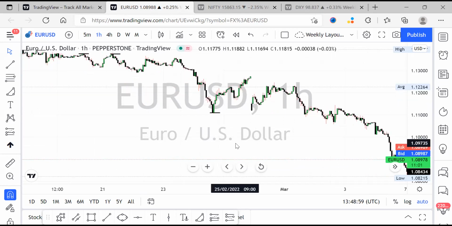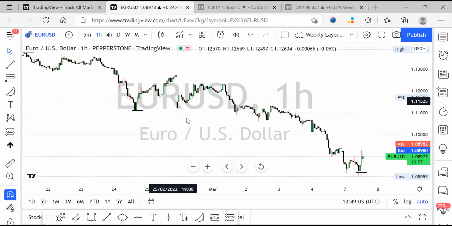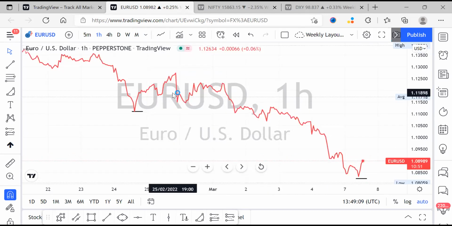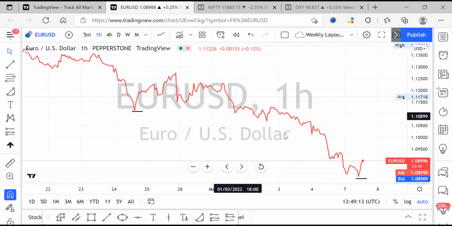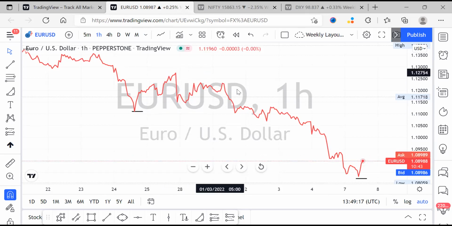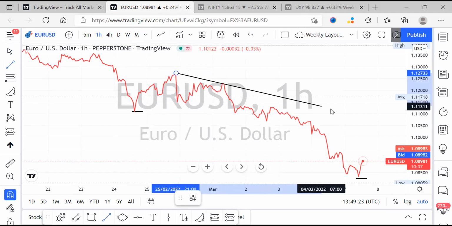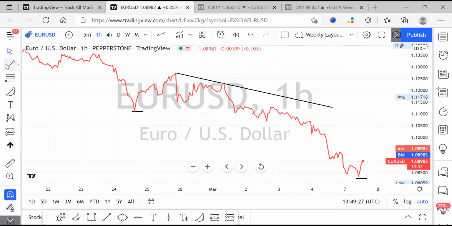As you see this and get used to it, you can trade this whether you're using candlesticks or line charts. Line charts are the best way because they don't show you any other sentiment other than going up, going down, up, down. And as you use your tools better, you can see that the price is going down, not up.